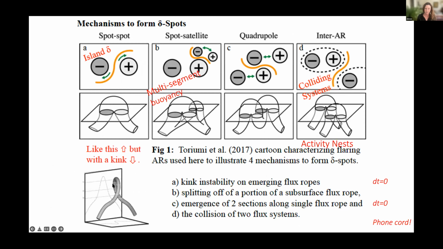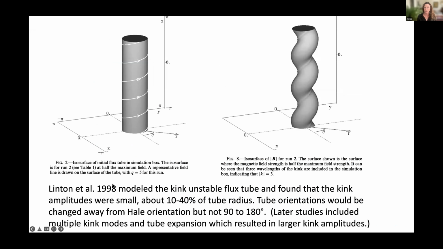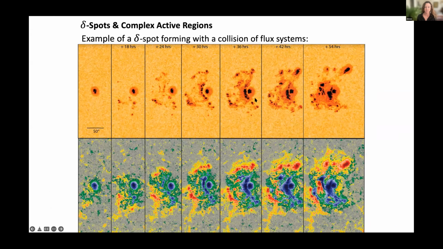The tilt angle wouldn't be as changed if you were given these smaller kinks. This was, I don't want to say it was a limited study, but later studies included multiple kink modes and more tube expansion, and that actually allowed for greater amplitudes of the kink instability to occur.